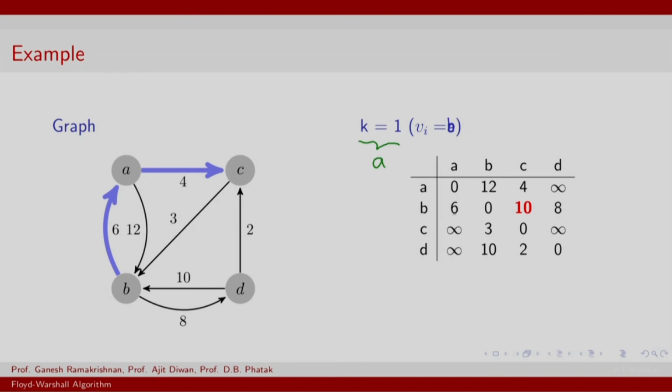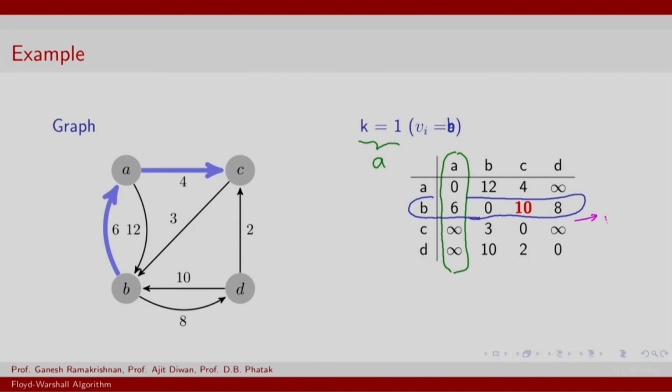Now we scan the row corresponding to a, that is this row, this is the column under consideration, and we scan the row corresponding to vi, and we will basically vary j.